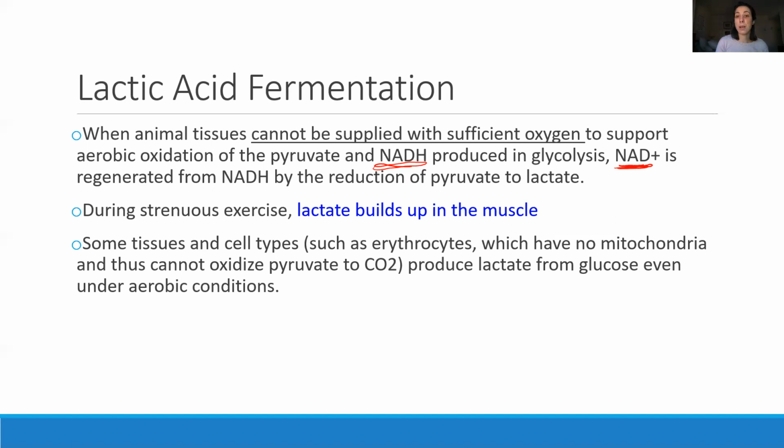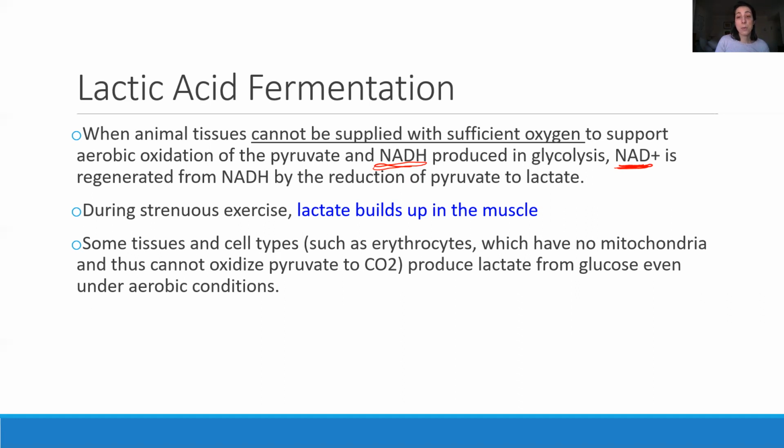So what happens is your muscles are going to switch over to just using glycolysis. They don't have enough oxygen around to use citric acid cycle, which we need oxygen for. And so they still need energy. They're still working hard. They still need to make ATP. We're going to switch to only using glycolysis. And to do that, I need more NAD plus. All that NADH I just made needs to be reconverted into NAD plus so that I can keep doing glycolysis.